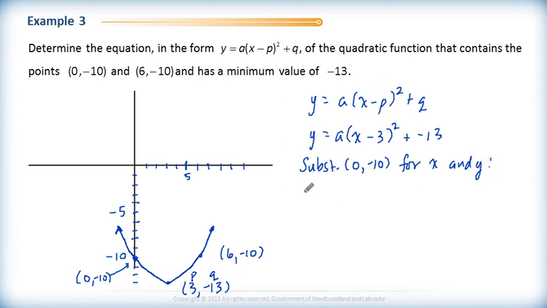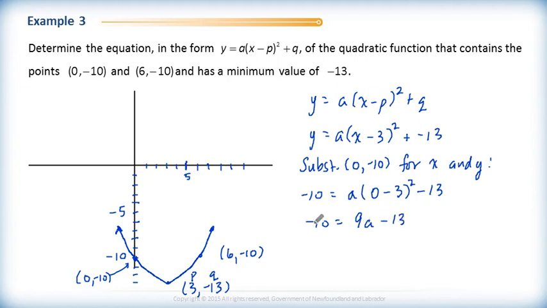So I've got -10, because that's my y value, equals a outside of (0, my x, minus 3) squared, minus 13. Negative 10 equals, inside the brackets I'll get -3, squared will be 9. So I really have 9a minus 13.